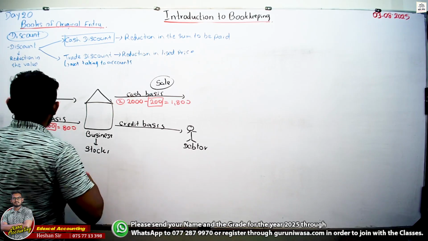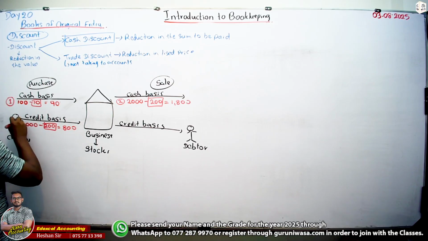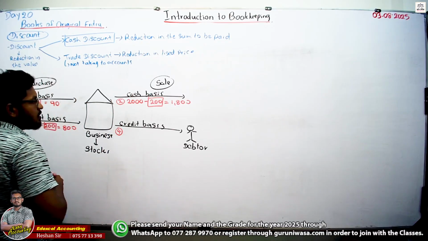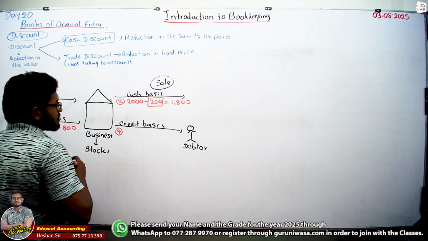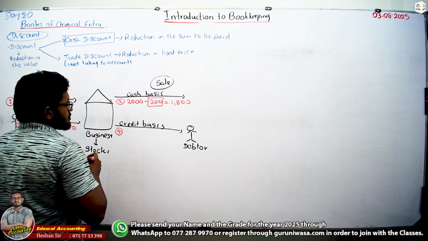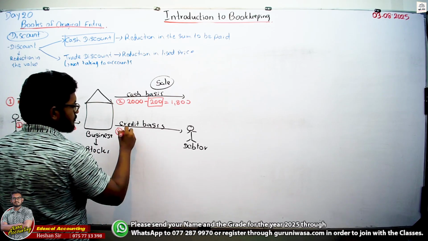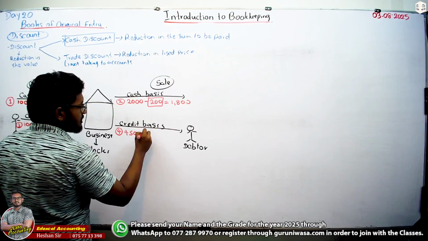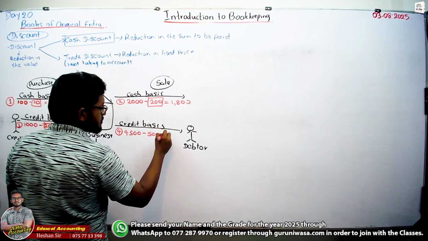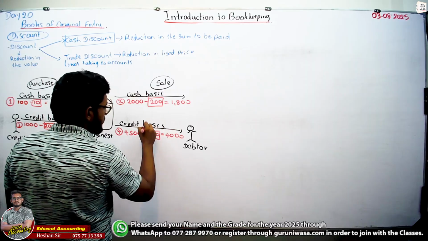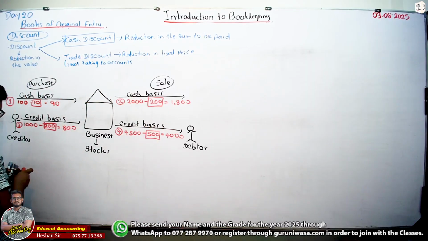In the fourth, we sell 4500, allowing 500 discount, so the customer only pays 4000 within the given term.